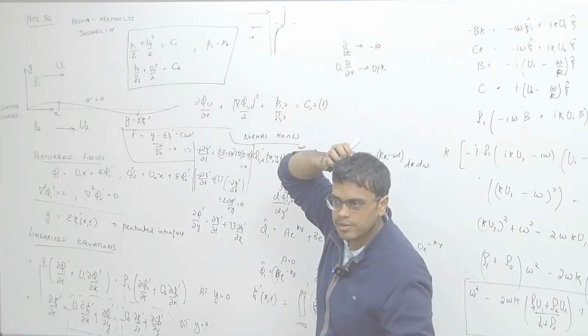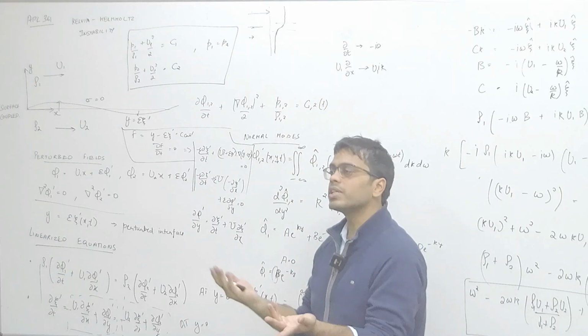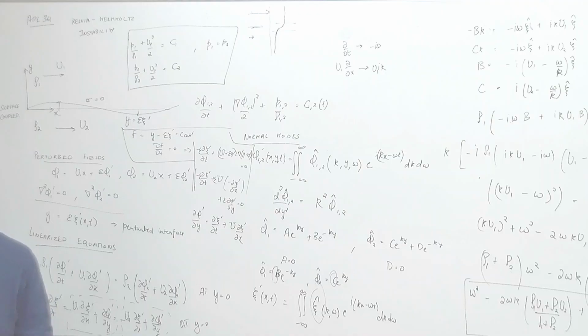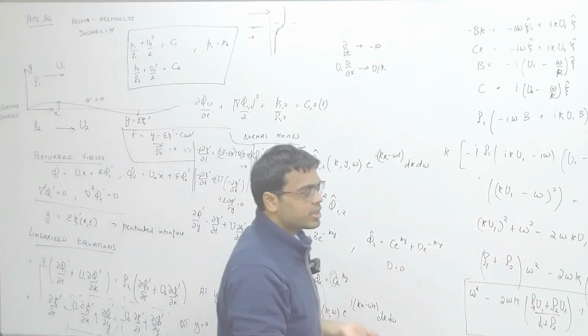What we are saying is, forget about this thin region where velocity is smoothly transitioning. Let me do the analysis in the limit of that region going to an infinitesimally thin region. The moment you consider a sharp interface, that's when you have so-called surface coupled problems.